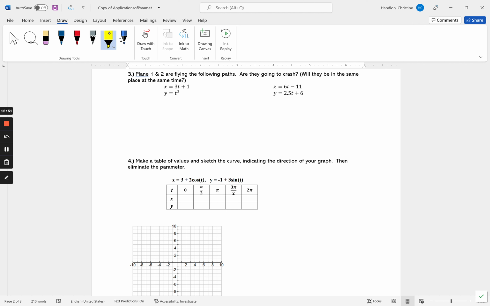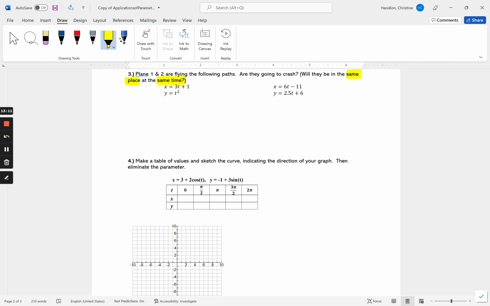So they kind of give us a hint here on how to proceed with this question. Will they be in the same place? So I'm going to highlight same place at the same time. Will they be at the same place at the same time? So how does that help us?